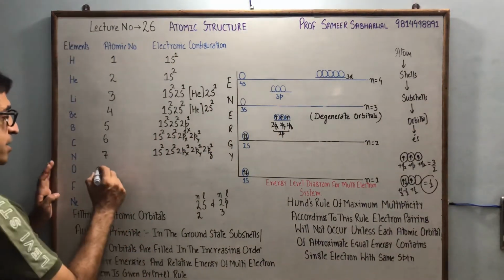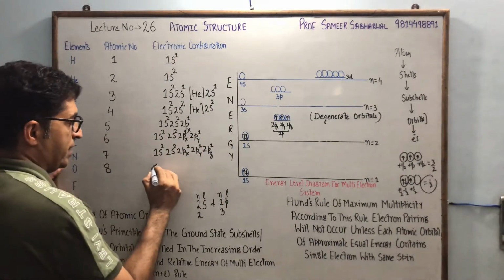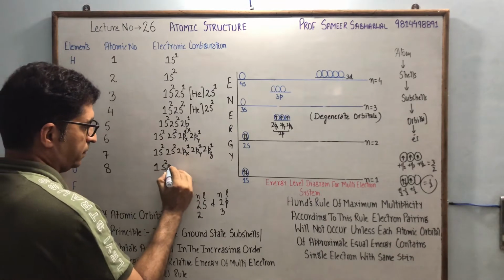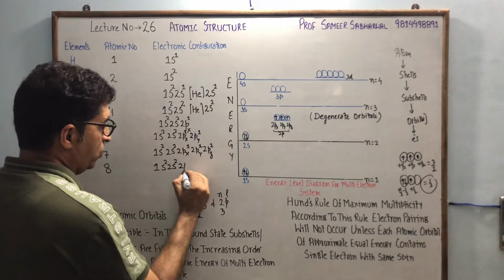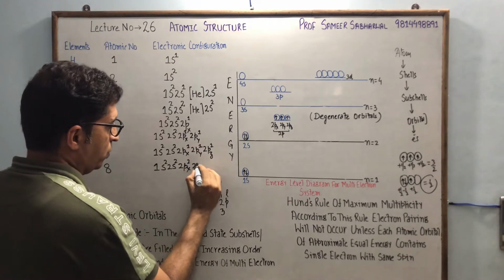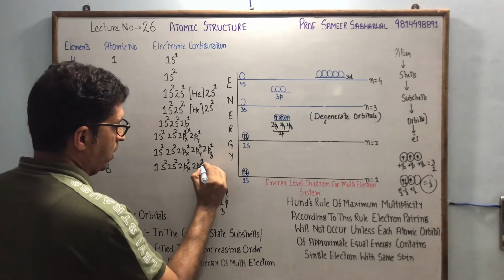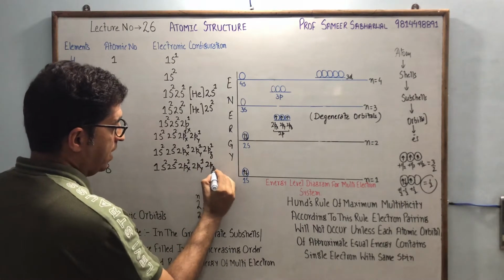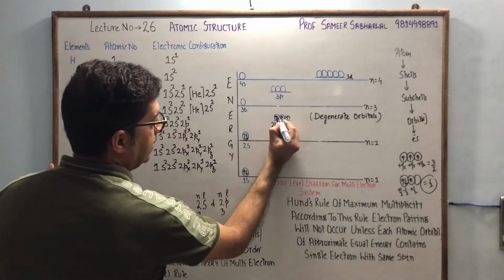Then comes 8, oxygen. You can easily answer now. 1s2, 2s2, 2px2, 2py1, because pairing will begin. This electron will come here.